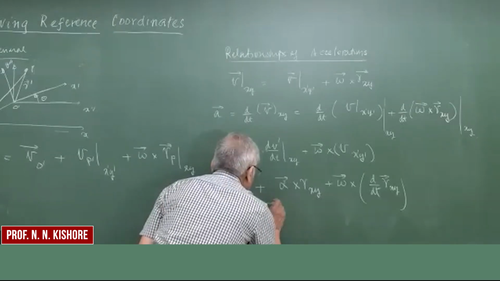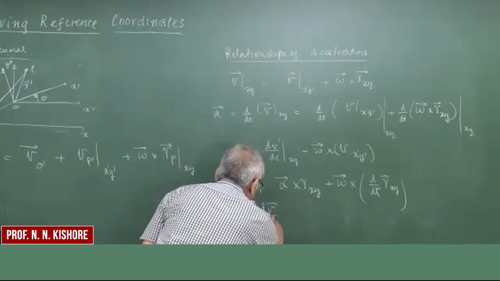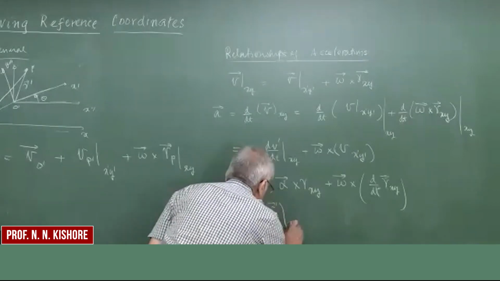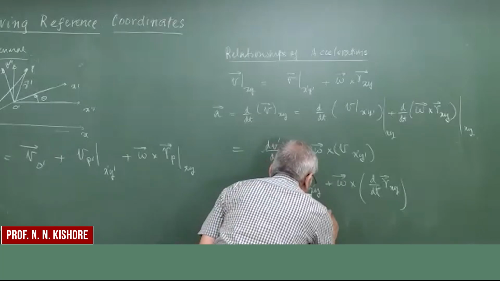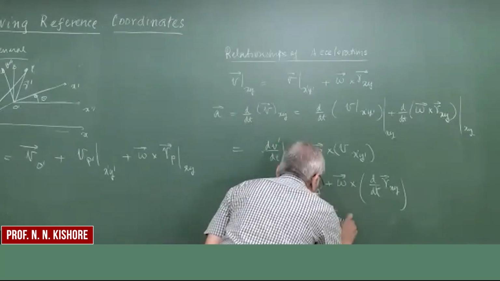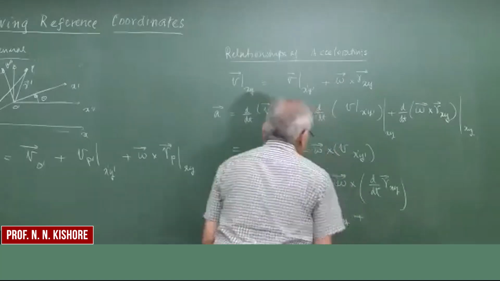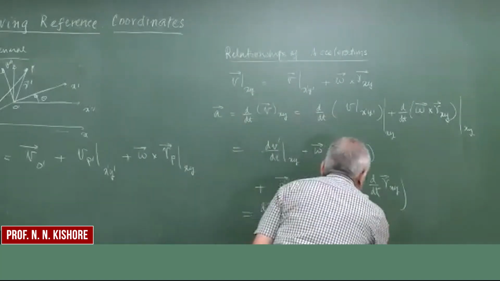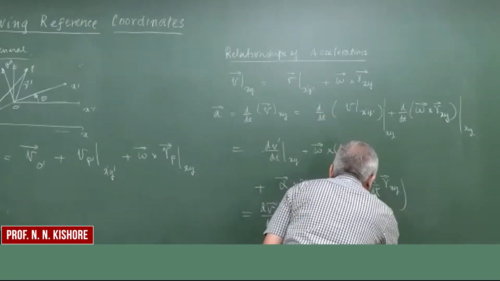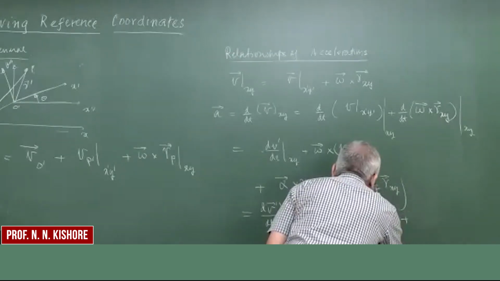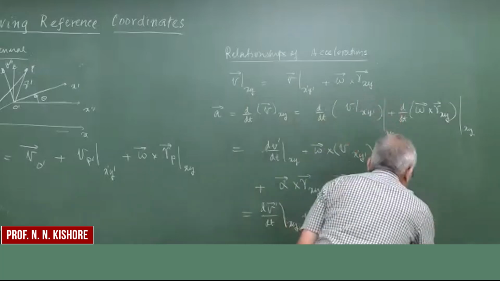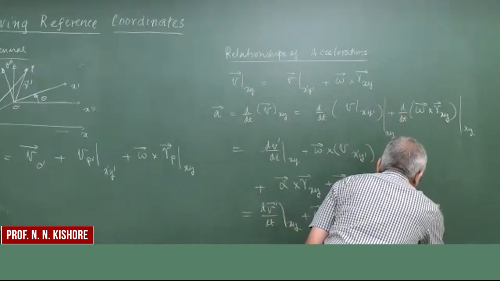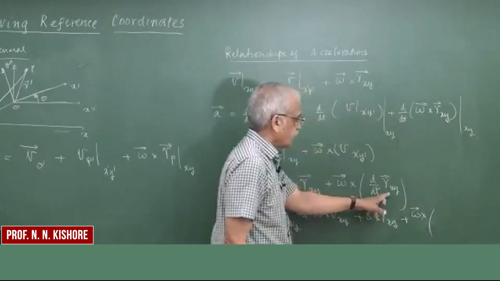I'll continue here. So this is dv prime, and this stays as it is, and the only term that remains is omega cross the time derivative of rxy.